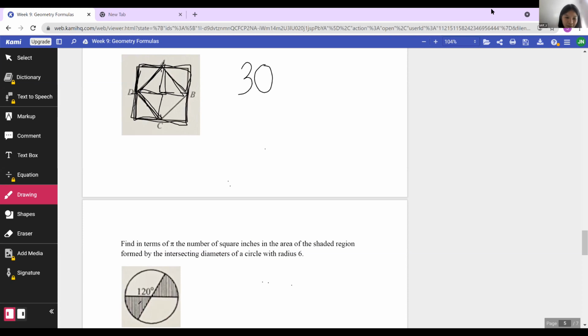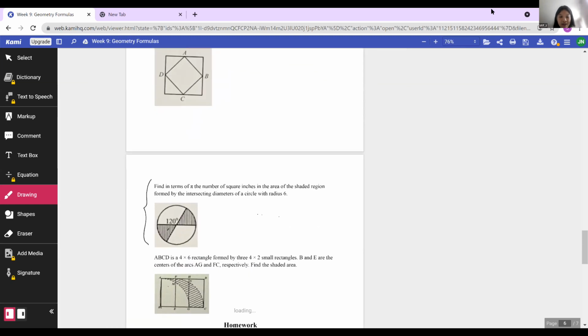So for this problem, tell me your answer. Wait, can you make it a bit larger?